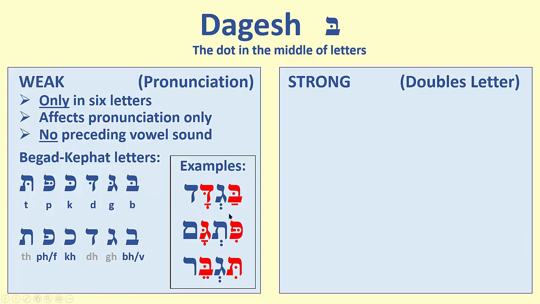I chose this because it's composed entirely of begad kefat letters. You can see that the first letter has a weak dagesh in it. How do we know it's weak? Well, because there's no preceding vowel sound. It's the beginning of the word. There is no vowel coming before it. So it gets a dot in it that affects the pronunciation of that letter.